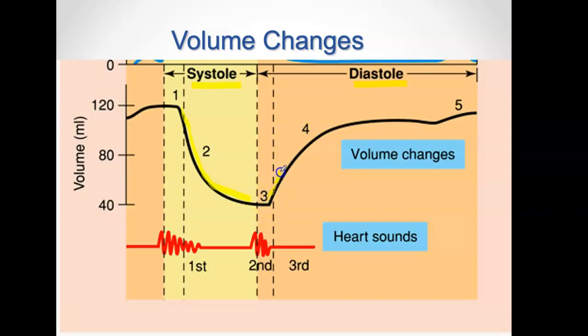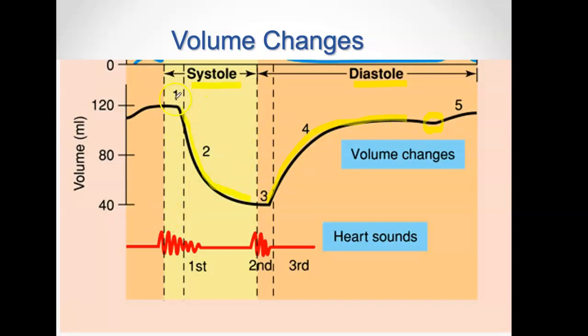So you're filling back up again. And I'm going to leave this here to talk about at a later time. So for now, we're just thinking of equal volume when the pressure has not yet overcome the valves, drop in volume once it starts to leave the heart, and then increase in volume once it starts to fill up again.